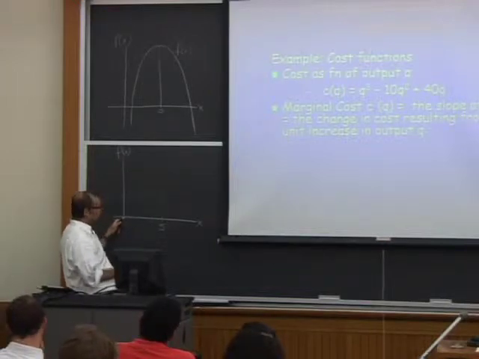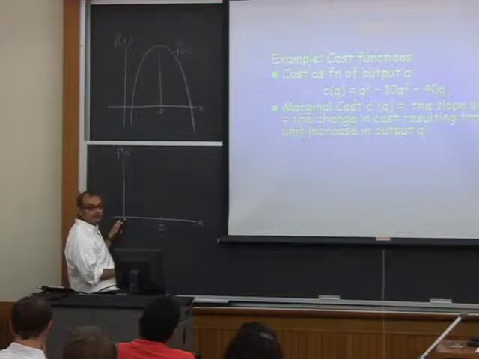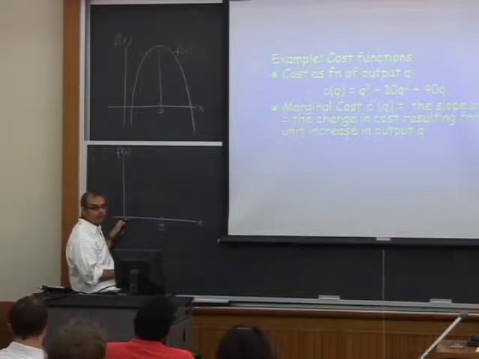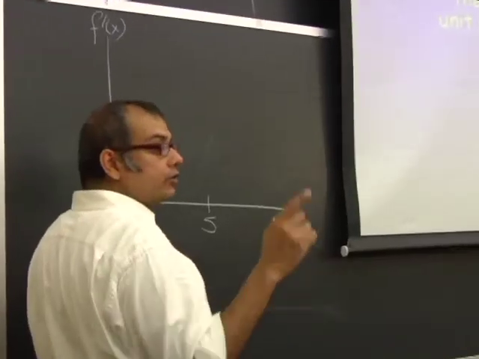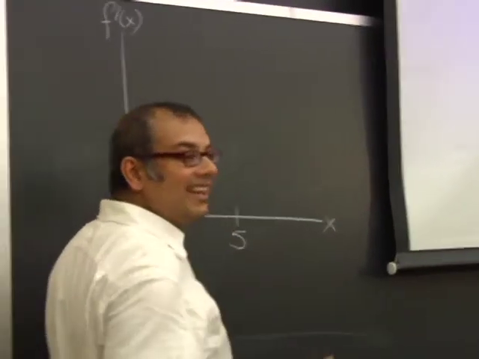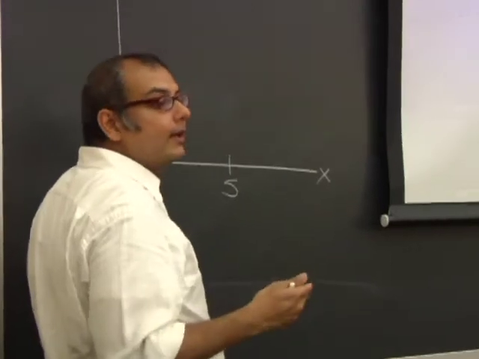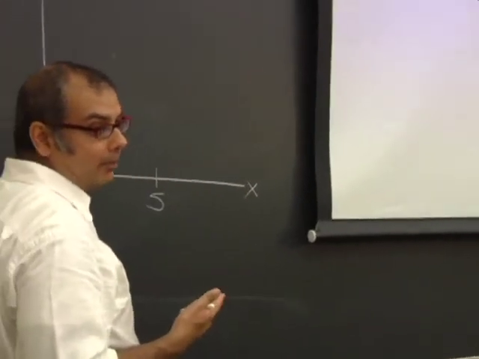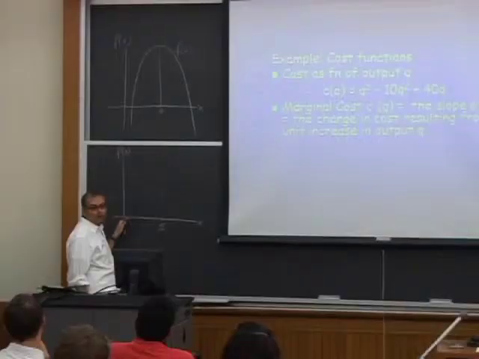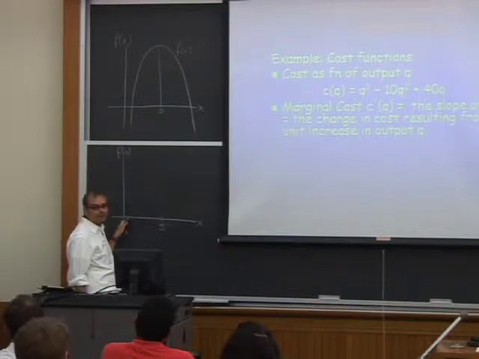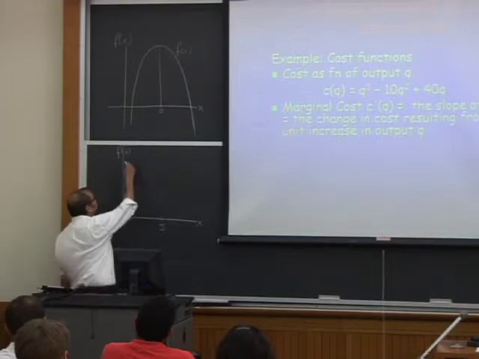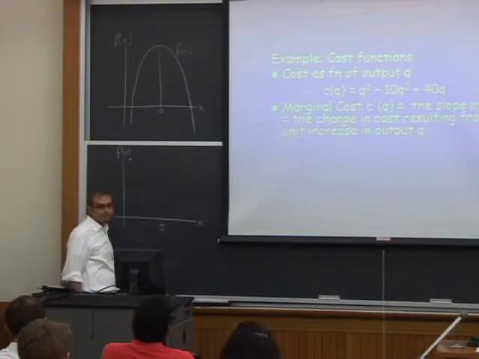And if it's close to 0, is it going to be a big positive number or a small positive number? In other words, by positive, you mean that it's upward sloping. Is it very upward sloping here, or only a little bit, gradually upward sloping? It'll be a big positive number, right? So it's going to be up here.